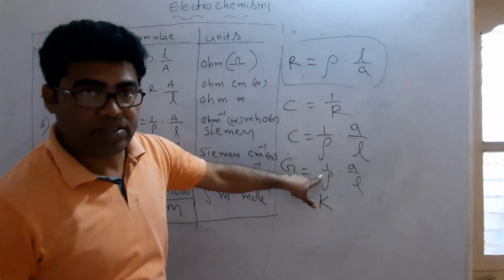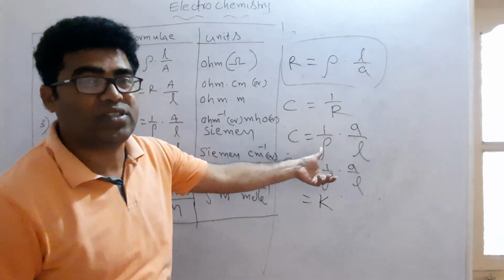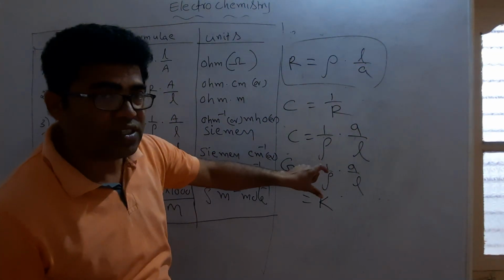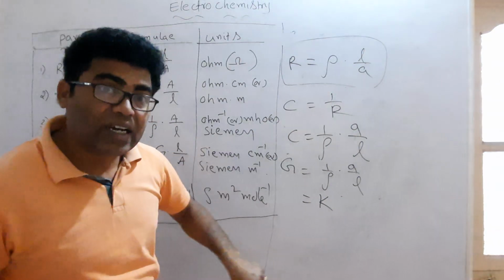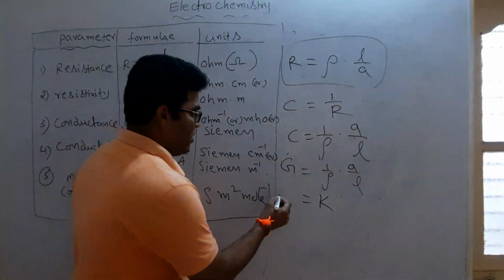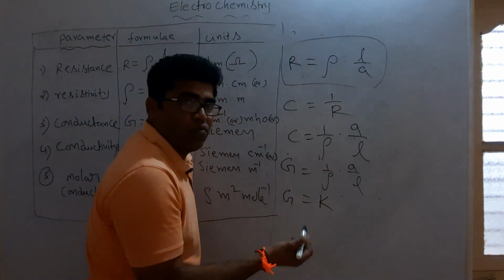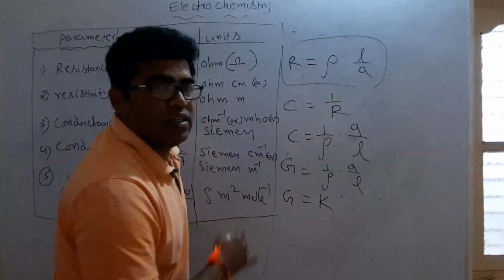Rho means resistivity. The reciprocal of resistivity is called conductivity or specific conductance. So in place of 1 by rho, you can write K. So K into A by L.